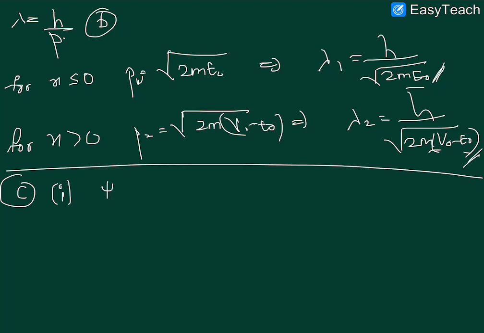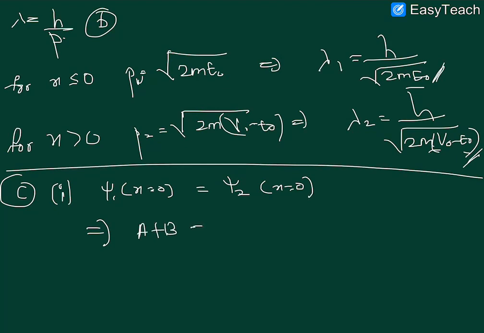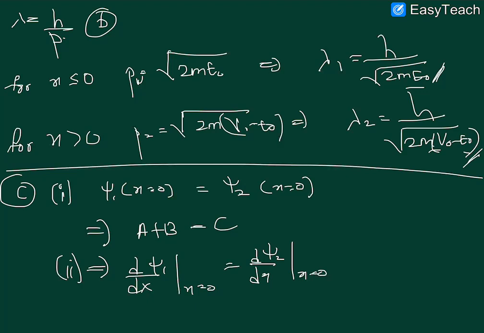So psi 1 at x equals 0 is equal to psi 2 at x equals 0, and that gives me A plus B equals C. My second one goes like d by dx of psi 1 at x equals 0 is equal to d by dx of psi 2 at x equals 0, and that gives me i k1 (A minus B) equals minus gamma C.